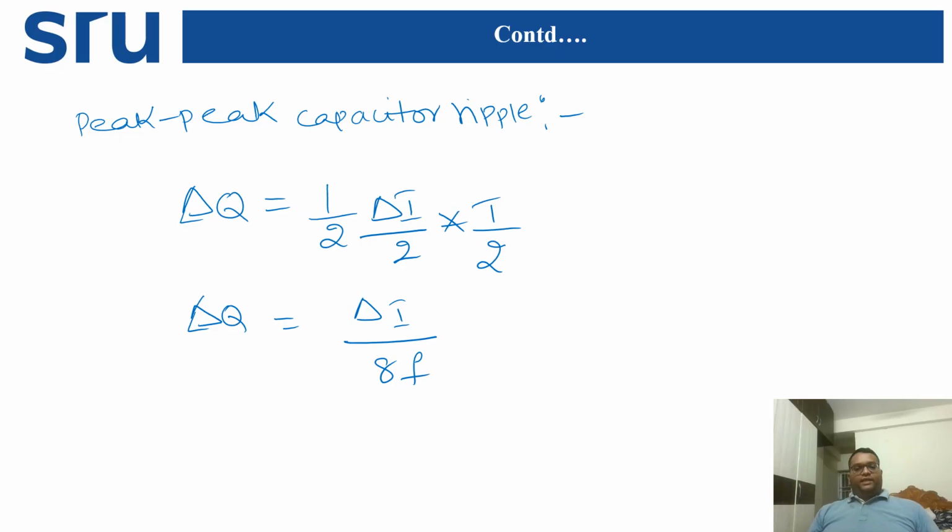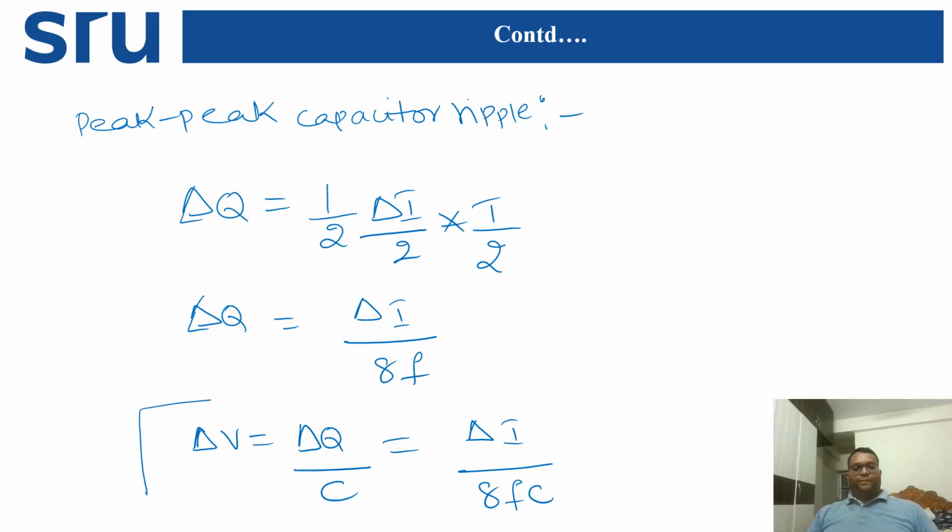As we know, delta V is equal to delta Q by C. Then delta V is equal to delta I divided by 8 times F into C. This is the formula for the peak to peak ripple for the buck converter circuit.